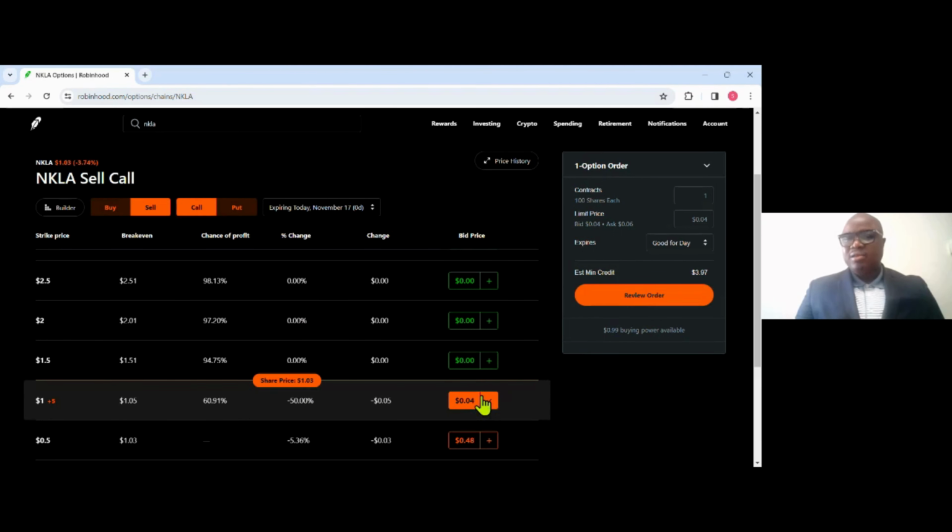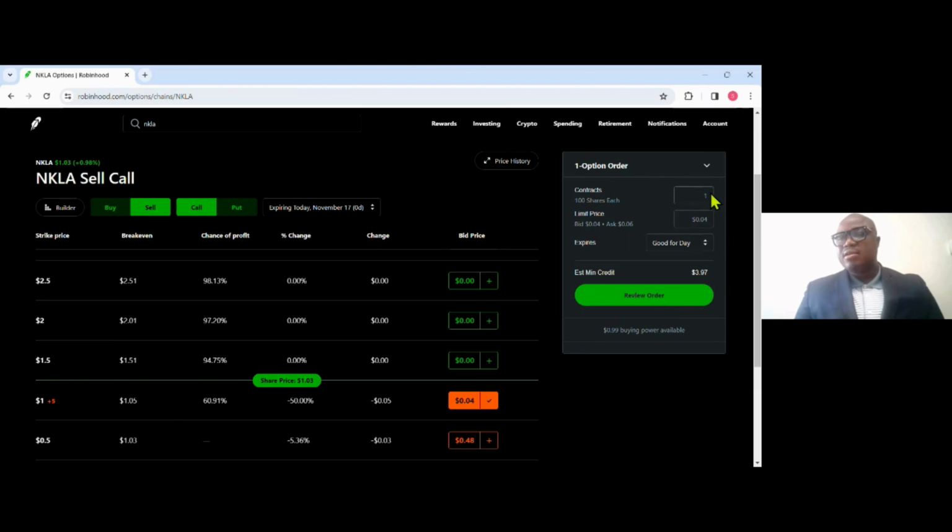So I click on this. It's going to ask me how many contracts I want to buy. Do I want to select the limit price to be the bid price or the ask price? Let me say it is the ask price 0.06.